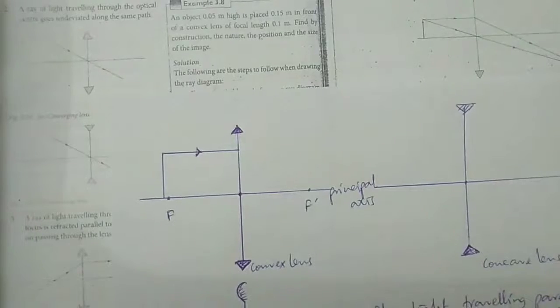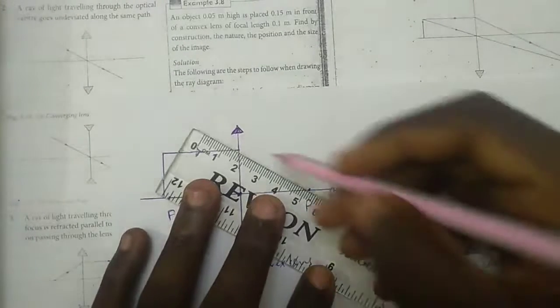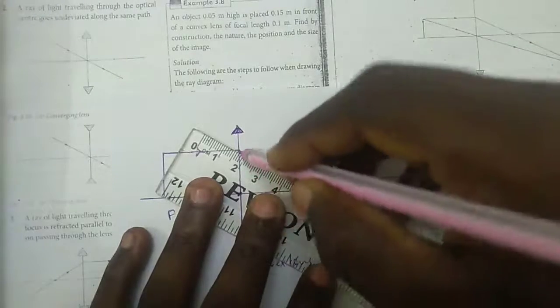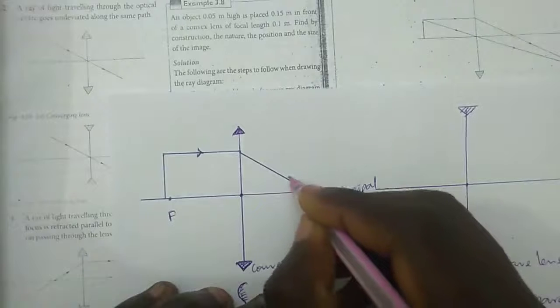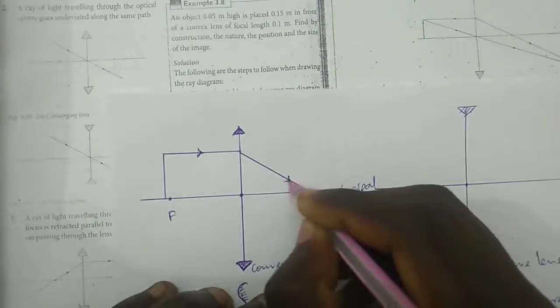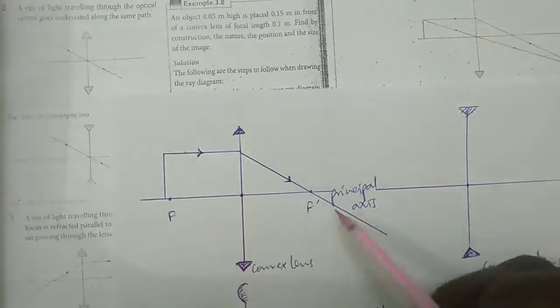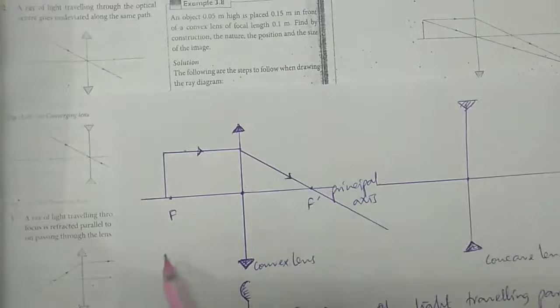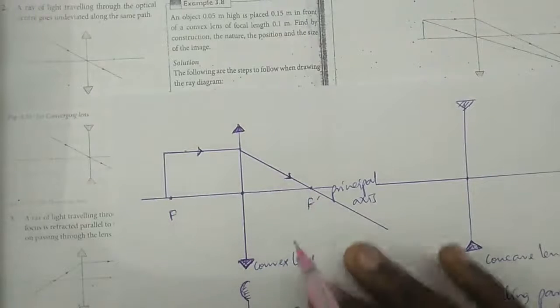Hii ray of light itakuwa refracted, maana itakapo bend itapita kuja hivi. Unaona? Maana hapa ni kitu kimetoka huku, ray of light imbend imekuja hapa. So any ray of light ikiwa inapita hapo, ili mradi tu iko parallel, itabend kupitia pale.